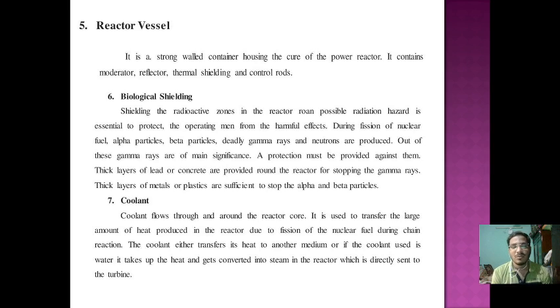With the coolant we are reducing the heat energy to maintain the reactor at the proper temperature, so that it does not go to the other medium or other reactors in the surrounding area. We are also maintaining the reactor life, because if we are not using the coolant, sometimes it may break the reactor.